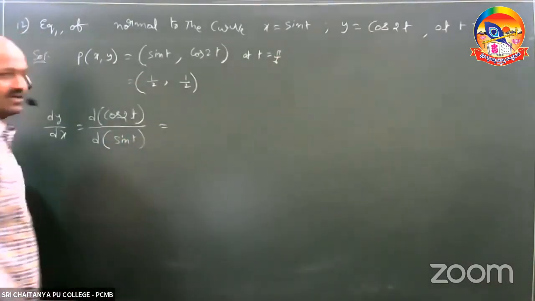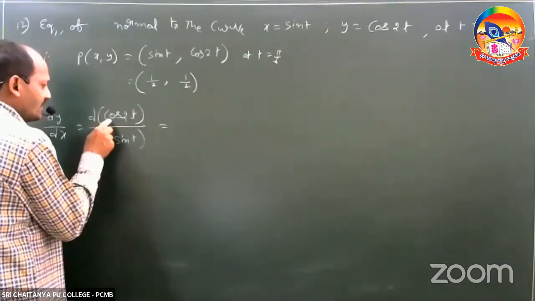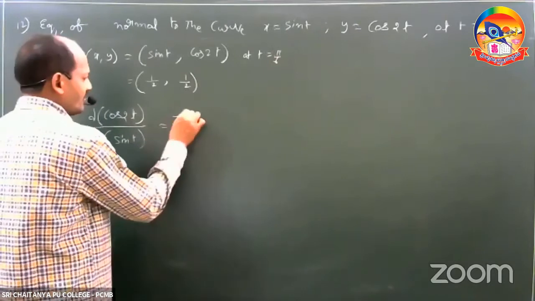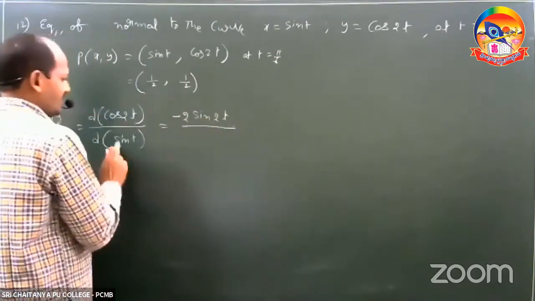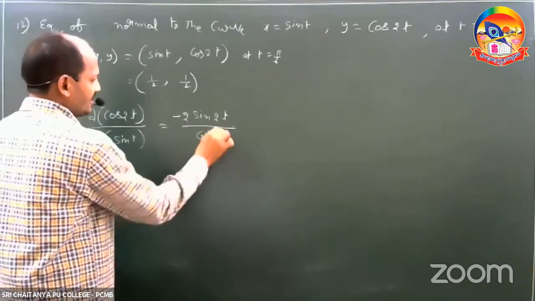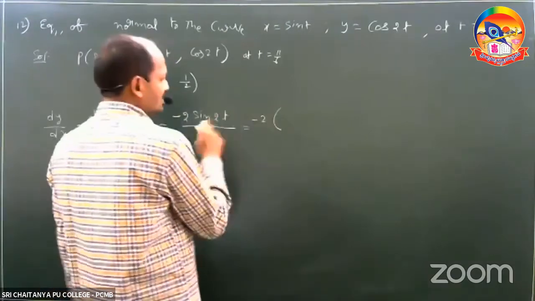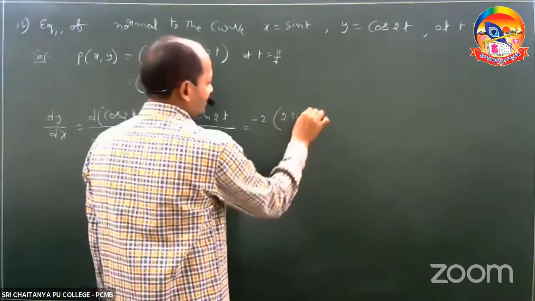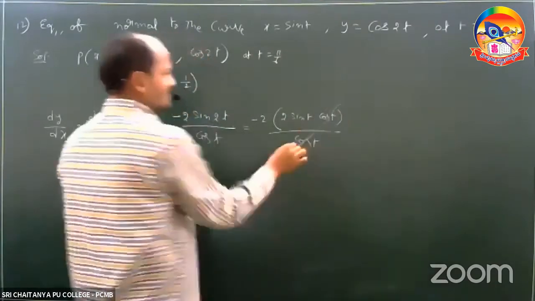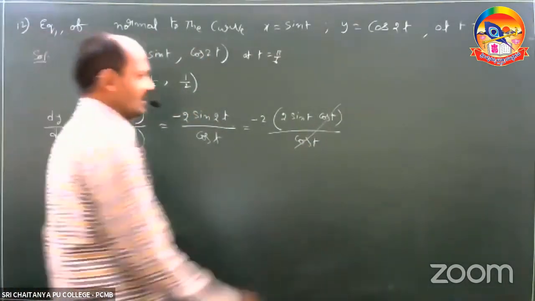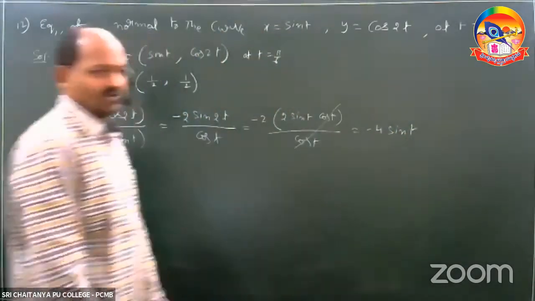What is the derivative of cos theta? Minus sin theta. So the derivative of cos 2t is minus 2 sin 2t, divided by the derivative of sin t, which is cos t. So it is minus 2 into sin 2t, 2 sin t cos t, divided by cos t. Cos t removes, so it is minus 4 sin t. That is dy by dx.